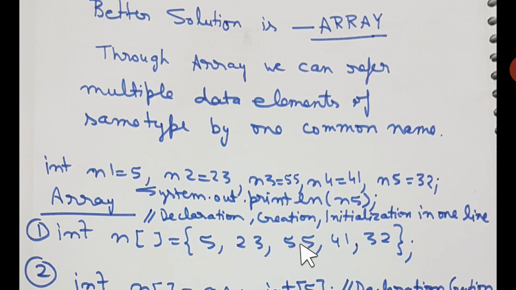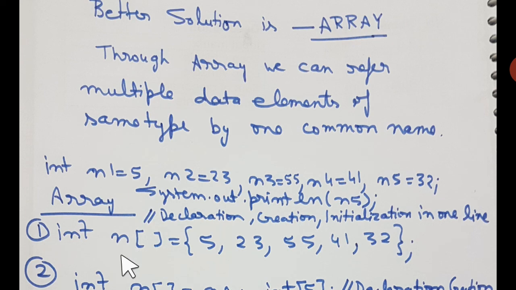You can see multiple data elements 5, 23, 55, 41, 32, as I had mentioned, and they are all of type int. So multiple data elements of the same type, and they are referred to by one common name. You can see only one name is there for the array, and that is n. The name you can change, it's just an identifier. You can have any name here, following all the naming rules in Java.